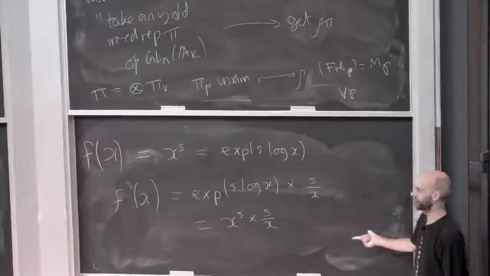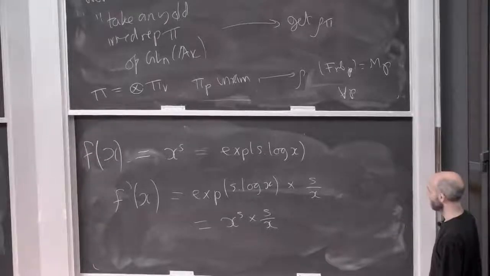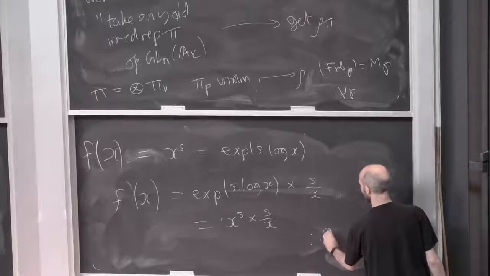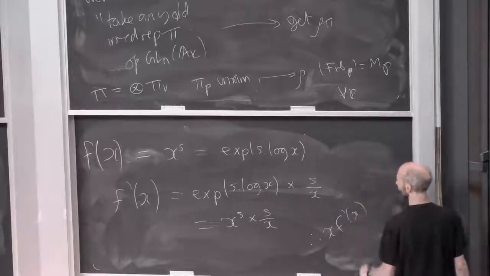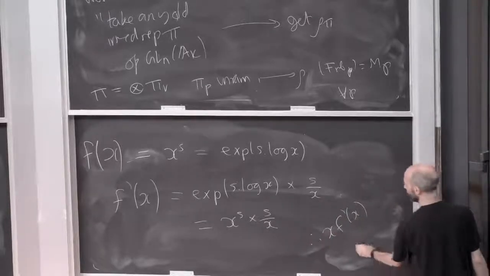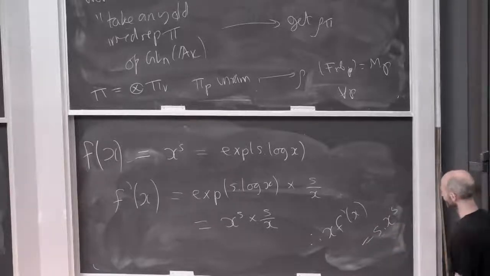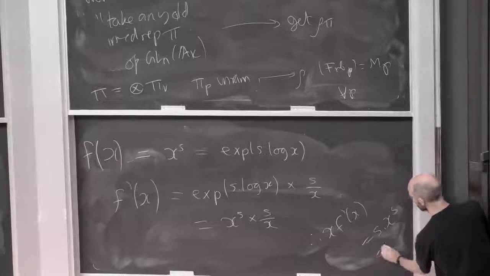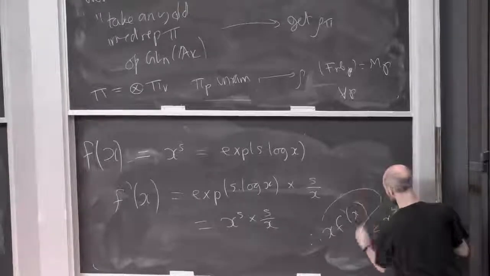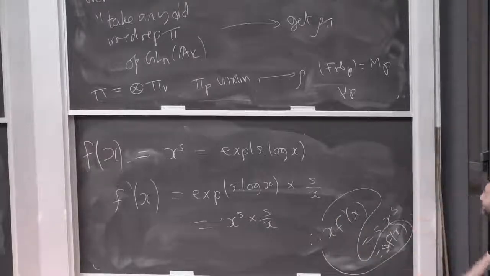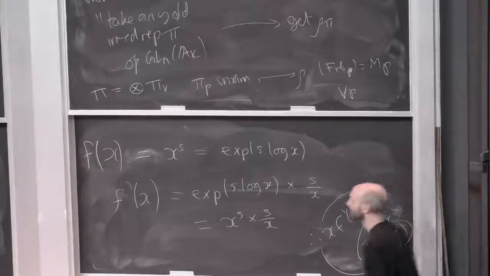I think that looks okay. Therefore x times f dash of x equals s times x to the s, which is s times f of x. Great, so this satisfies a differential equation.